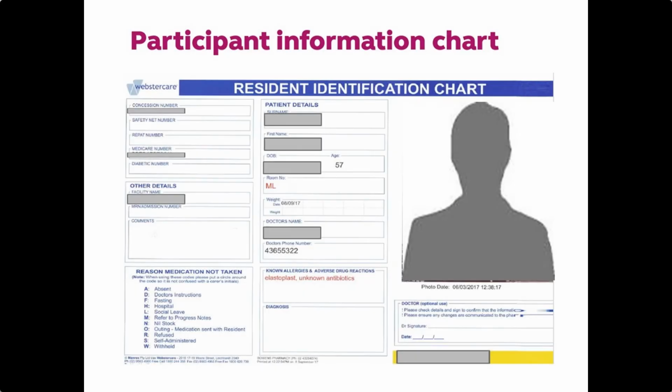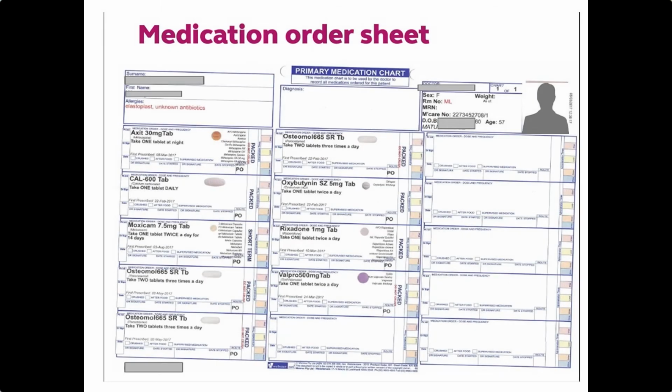The participant chart will give you all the details of the participant, and any medication instructions will be recorded on here. Their allergies, their date of birth and the doctor that is ordering the medication will be outlined on the identification chart. The medication order sheet is completed by the doctor. When a medication is new, changed or updated, the pharmacy needs to be alerted and the team need to be informed.